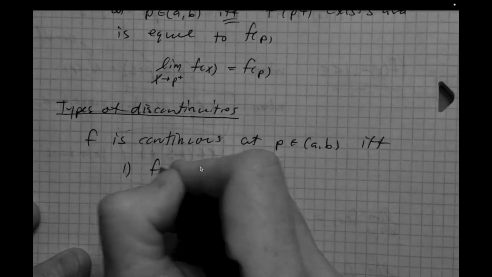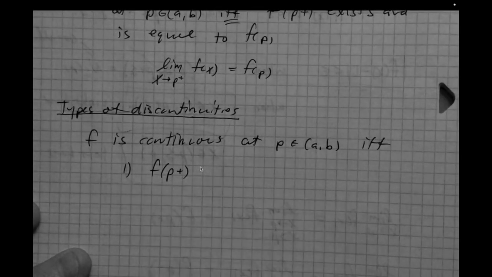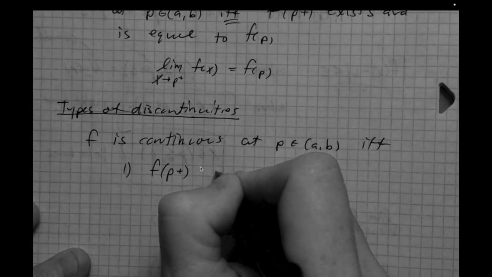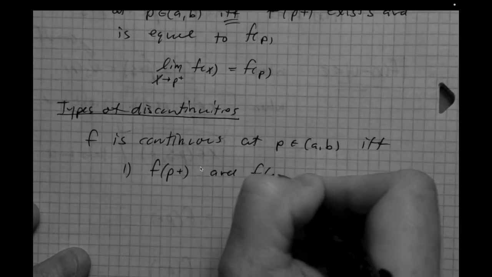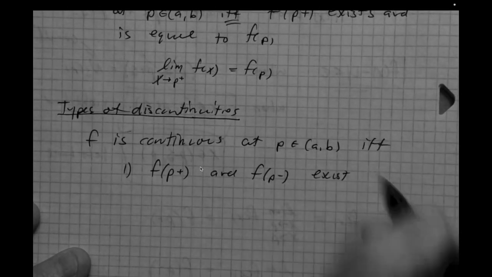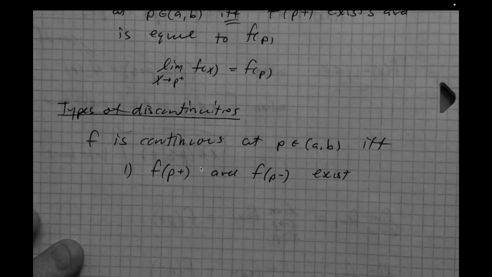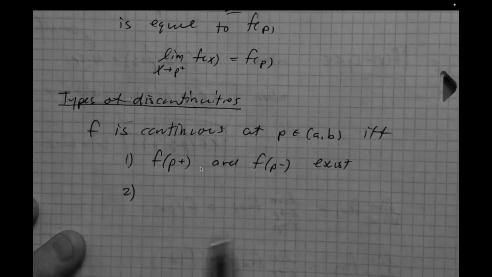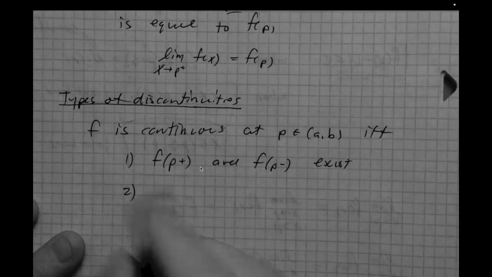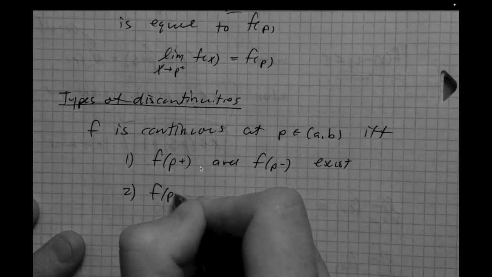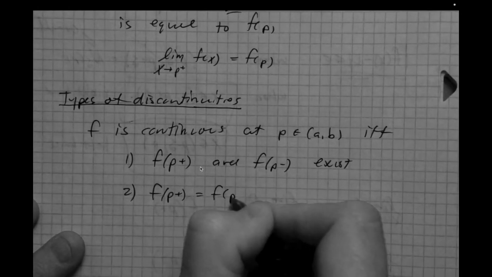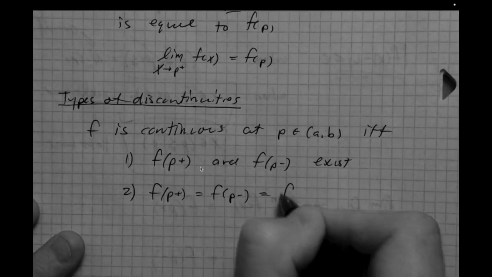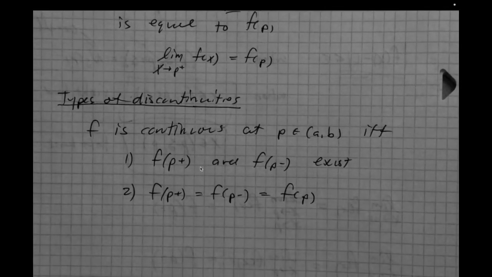First, the right-handed limit and the left-handed limit exist. You have to have a right-hand limit and a left-hand limit, and in order for continuity to be true overall, they have to be equal. So f(p+) equals f(p-), which equals f(p).